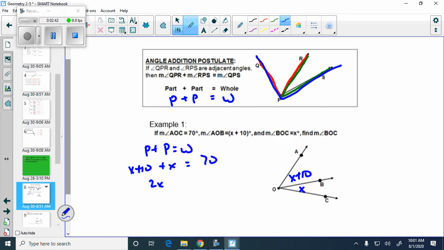So 2x plus 10 is 70, or 2x is 60, or x is 30. It says find BOC, so BOC is in fact 30. And then the other one would be 30 plus 10, which is 40.